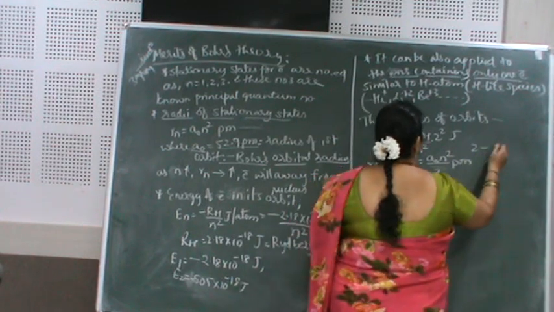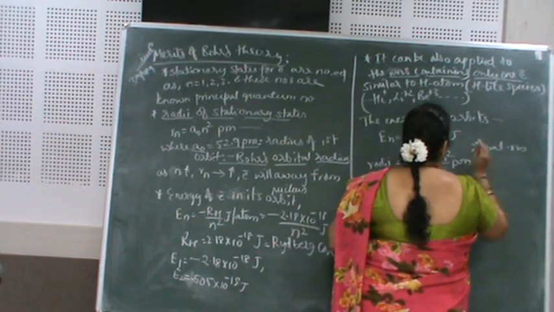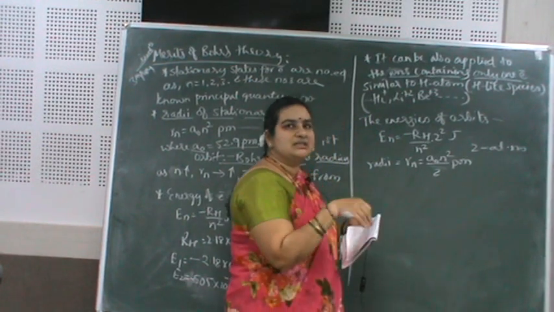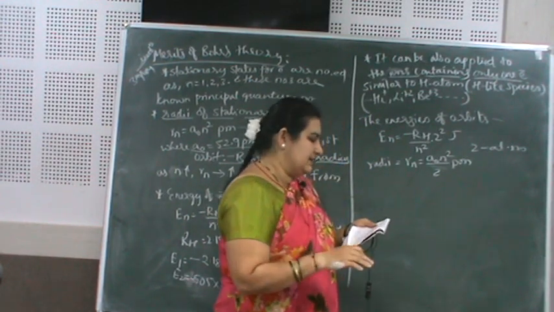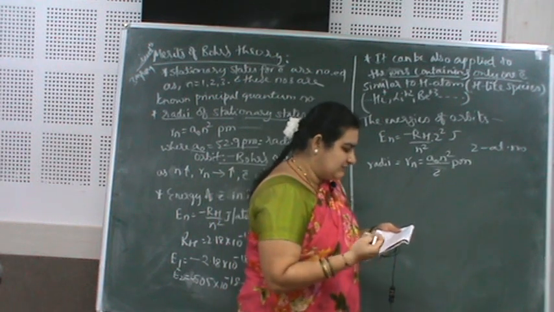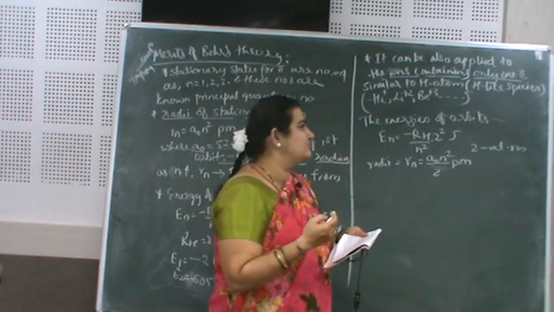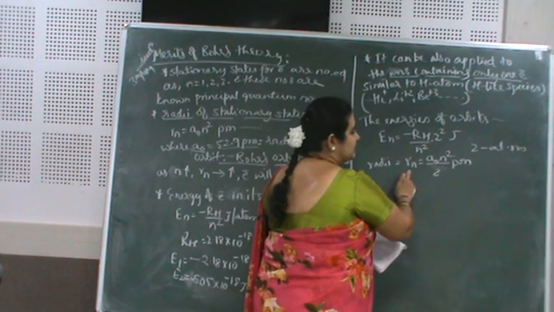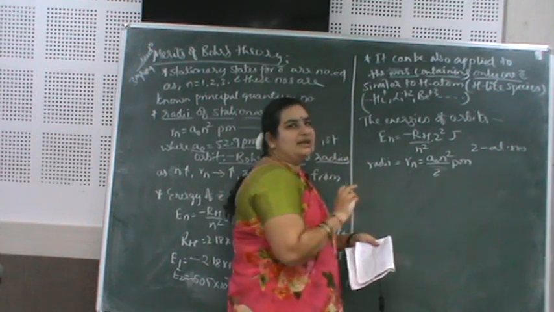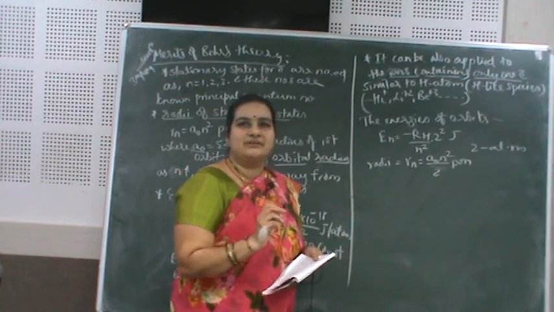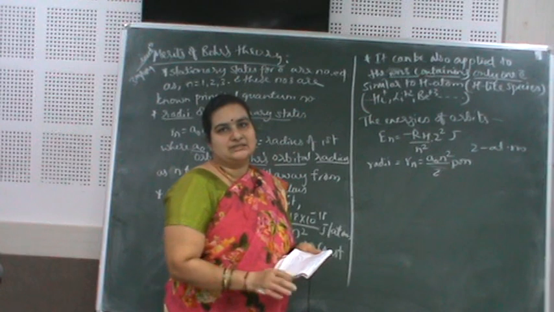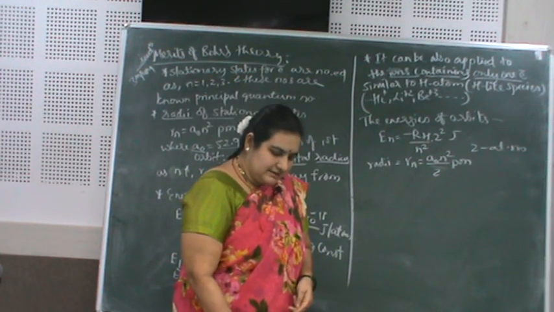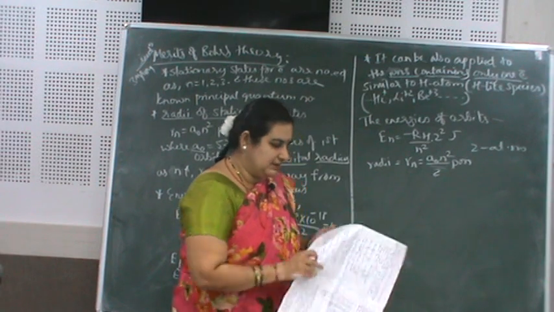Here z is the atomic number of the element. For helium the atomic number is 2, for lithium it is 3, and so on. The value of energy becomes more and more negative as you increase the value of z, so the radii go on decreasing, and we can say that electrons will be very tightly held by the nucleus. Now next is the next merit of Bohr's theory.